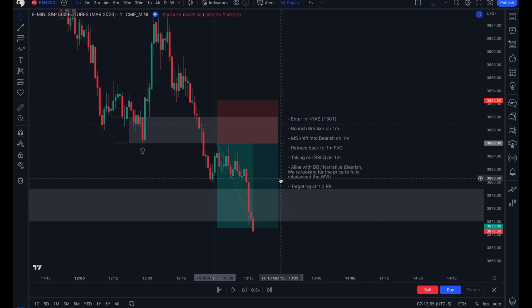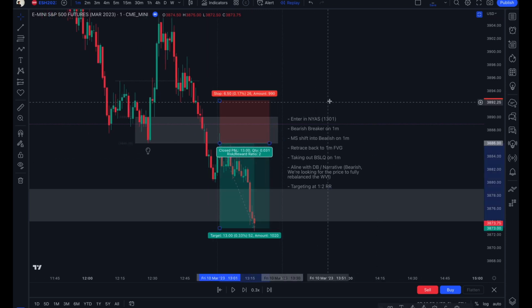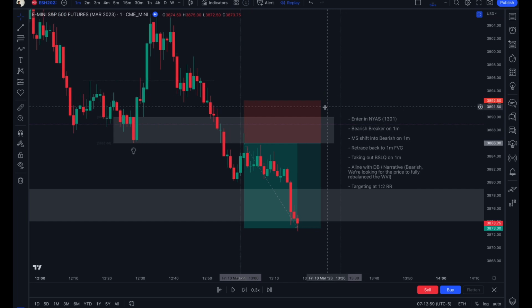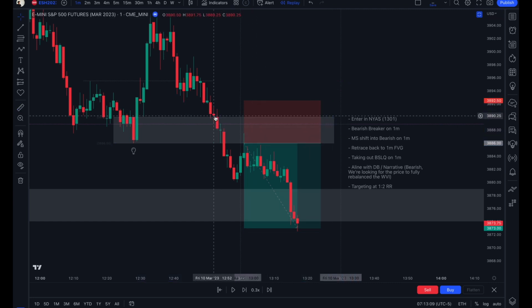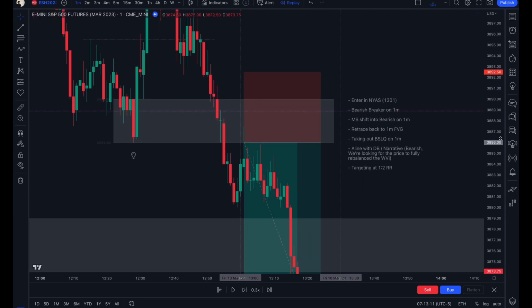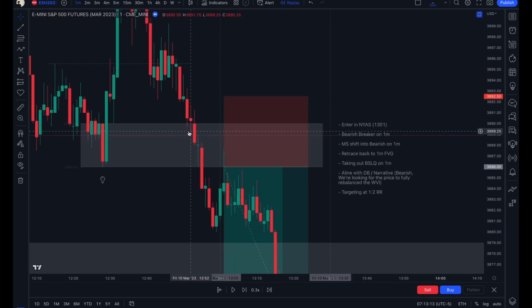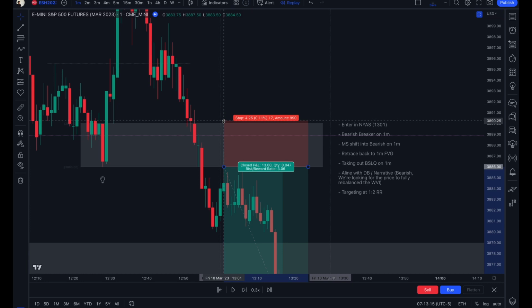And the market hits our target 1 to 2 risk to reward, and where I would put my stop loss is 1.5 handle above this level, this range. But in this case, I add an additional 1 handle because there's a small volume balance right here, so it will be like a buffer. So 4 plus 2.5 equals 6.5.